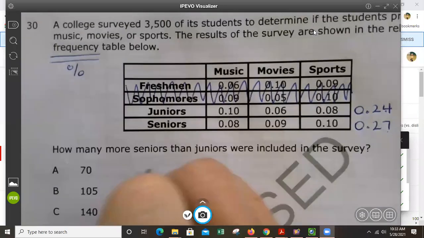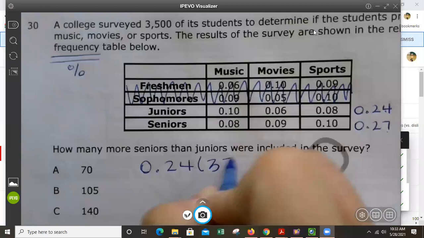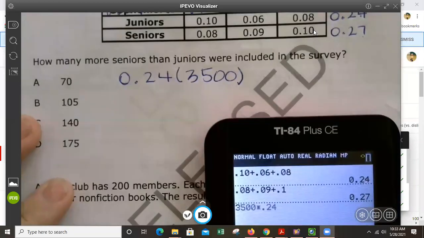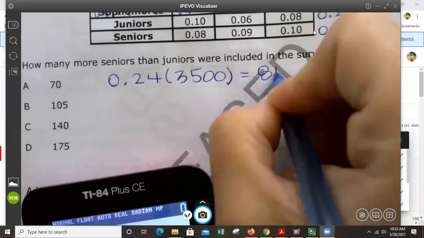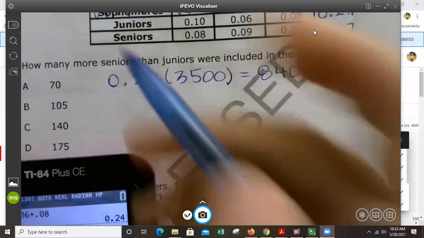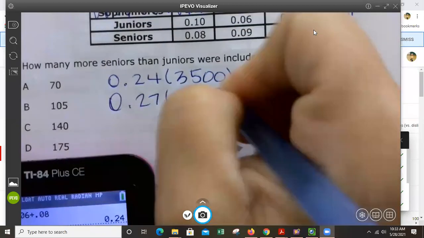So 0.24 times your total 3,500. This will be junior. So 3,500 times 0.24 is 840 juniors. You're going to do the same thing with seniors, except they are 27%.